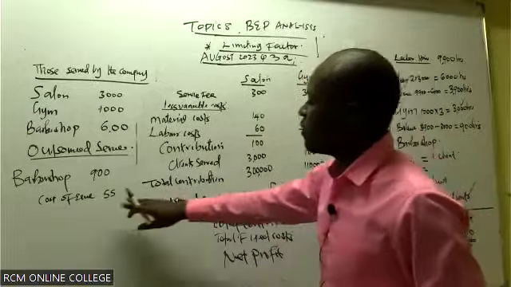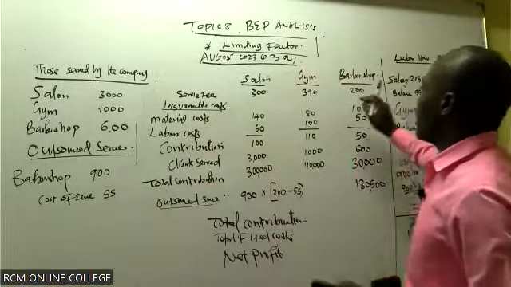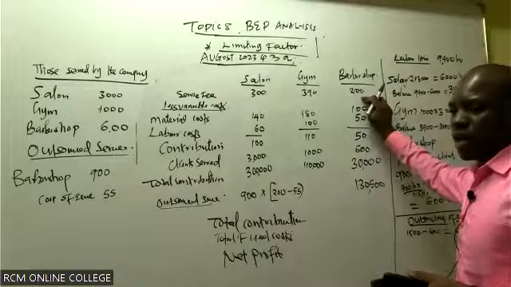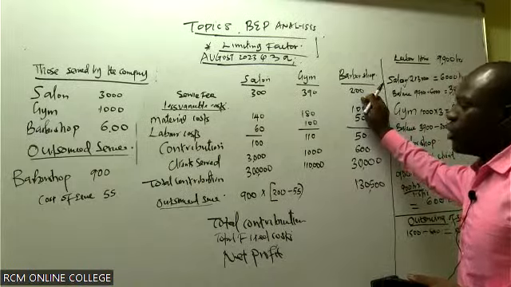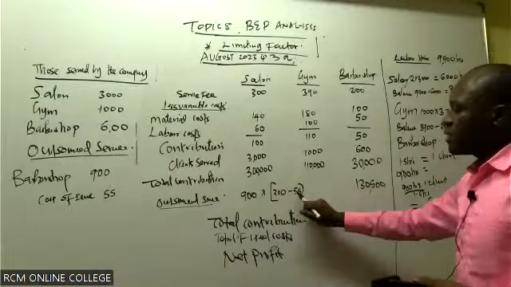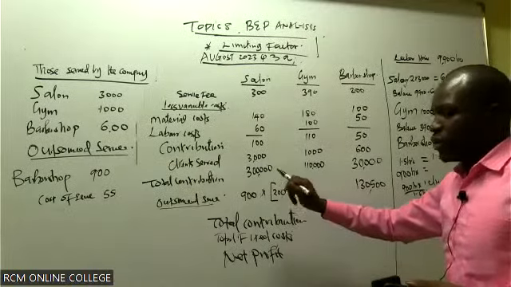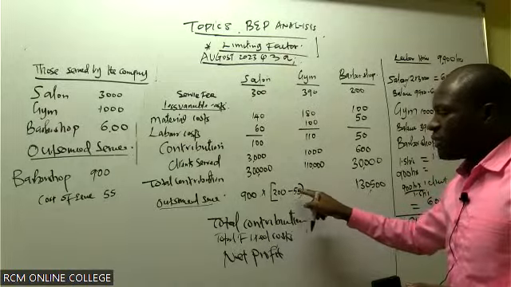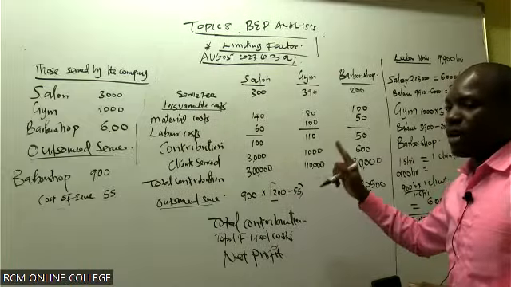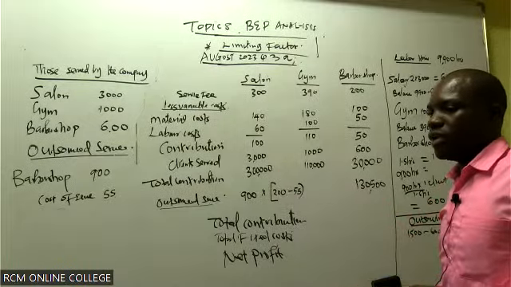Having paid 55, wewe ukikuja, atakucharge bado how much? 200 per client. So they're going to make a lot of money. For every client they're going to serve, they're going to make 200 less 55, which is 145 per client.